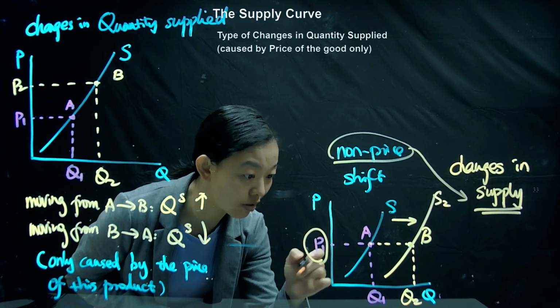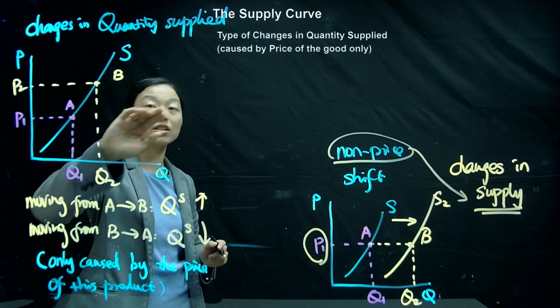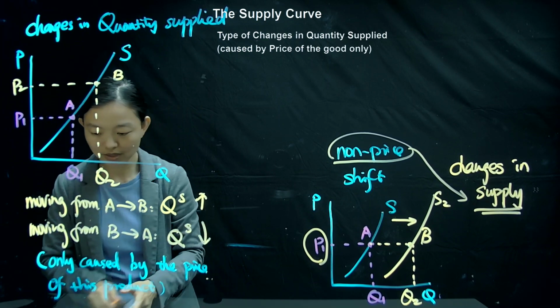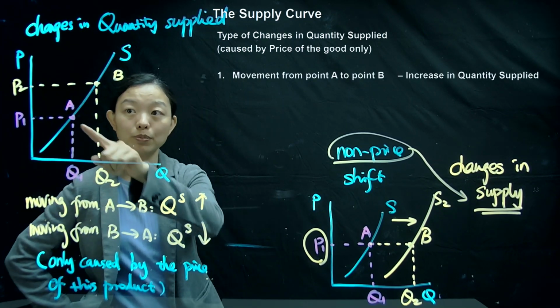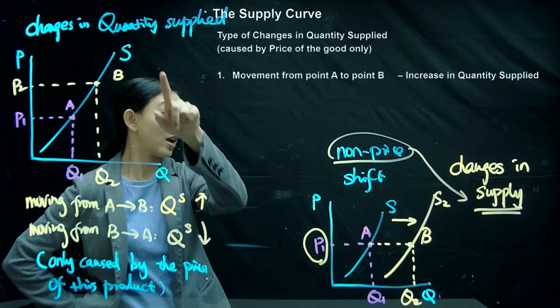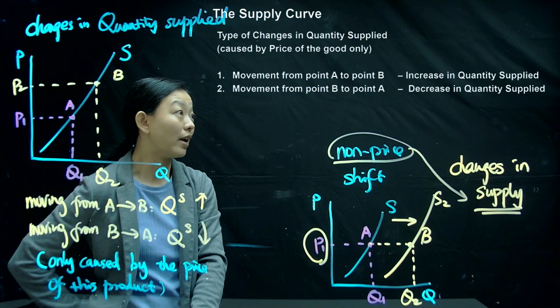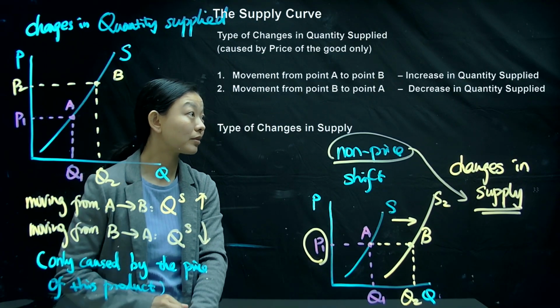You can see the price is still at P1. But looking at this graph, for the change in quantity supplied, we have different price levels. Make sense or not? You can see the movement from A to B, or from B to A, is only caused by the price of this product.